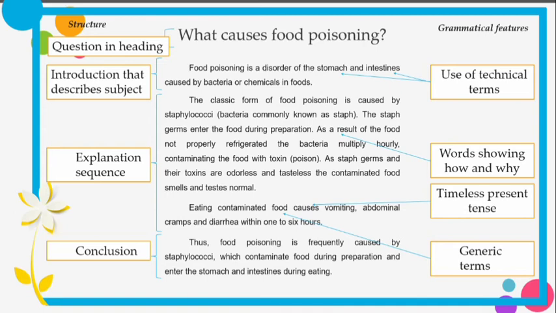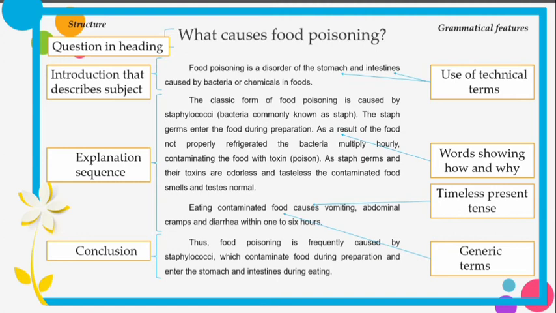What causes food poisoning? Food poisoning is a disorder of the stomach and intestine caused by bacteria or chemicals in foods. The classic form of food poisoning is caused by Staphylococcus bacteria, commonly known as staph.